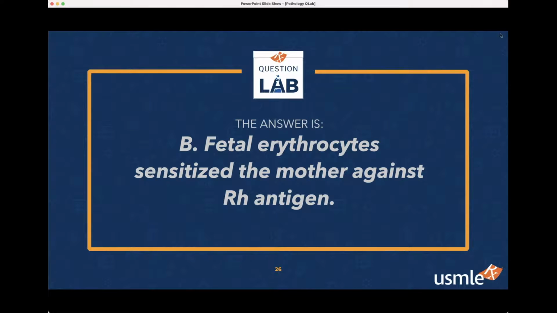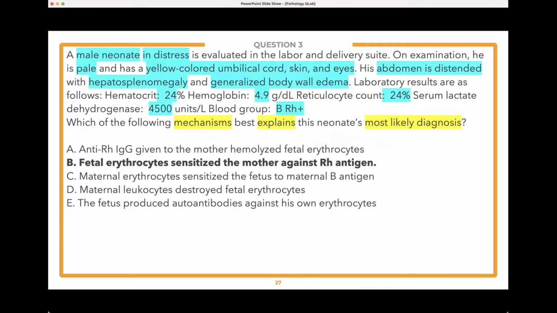Thank you, Jeff. Yes, also the leading answer here. Nice job, guys. But a tough question, and this concept is definitely a little bit tough, so let's see if we can explain it to you. This newborn is anemic, with very low hemoglobin, is jaundiced, and has hepatosplenomegaly. This patient has a condition called hemolytic disease of the fetus and newborn. This patient has hemolysis.